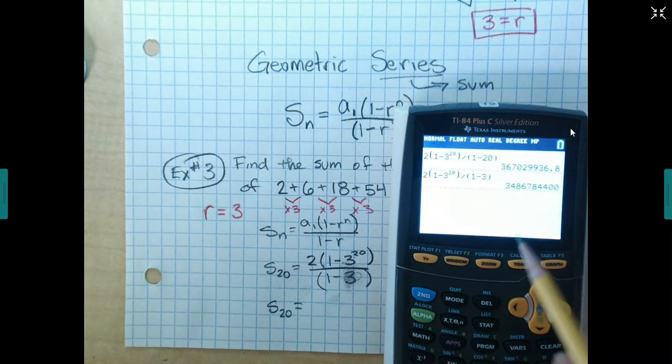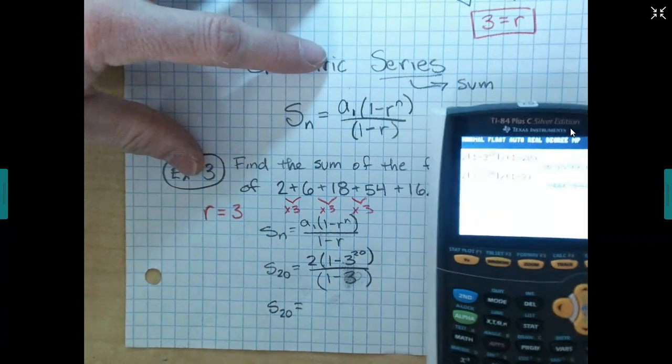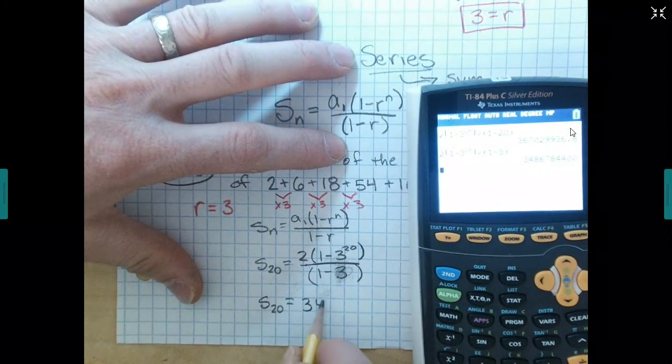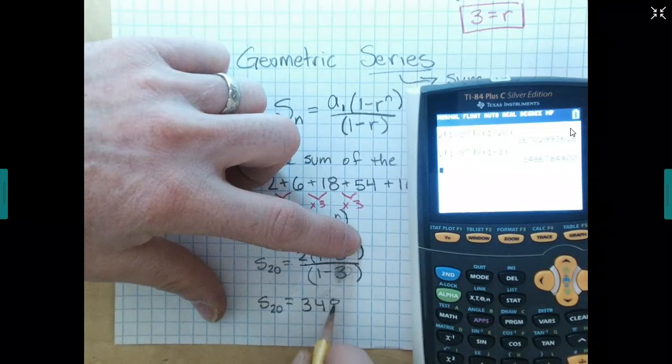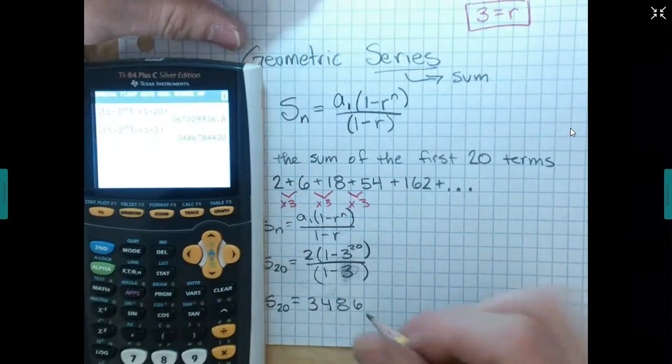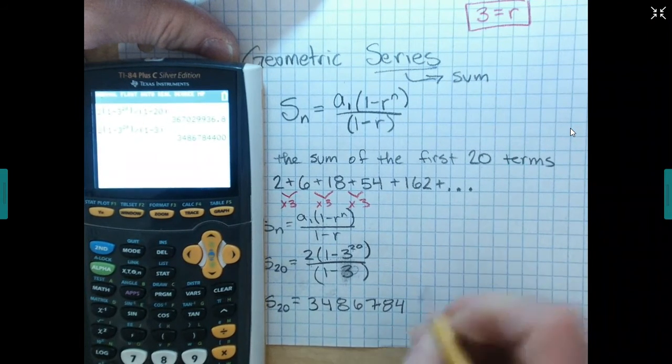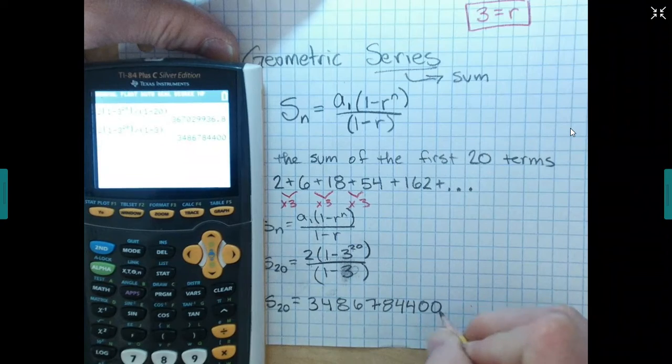Let's see. 3, 4, 8, 6, 7, 8, 4, 0, 0, 0. So if you see that number, it is 3, 4, 8, 6, 7, 8, 4, 4, 0, 0.